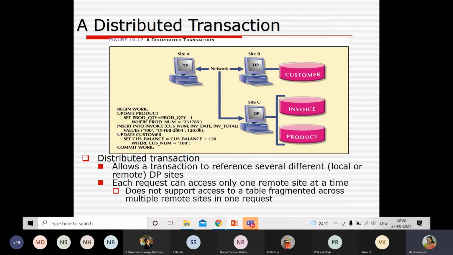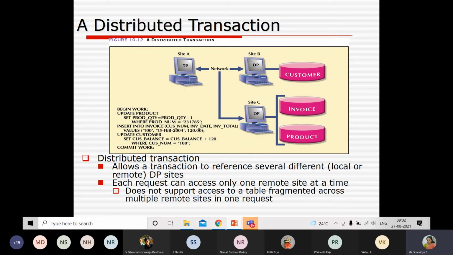I mean, this distribution into customer, invoice and product is done in such a way that I will not have a transaction which I cannot execute independently at these different sites separately. If that is the case, I may not be able to achieve distribution.